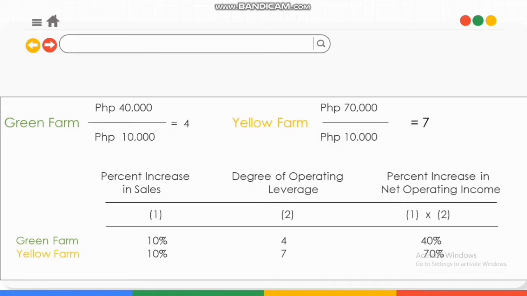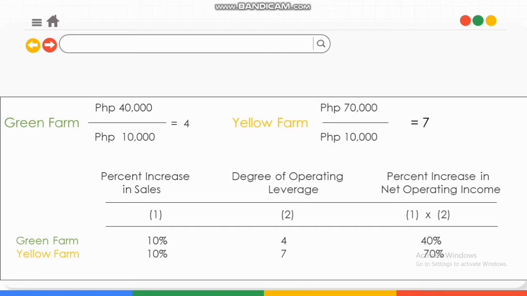So, 40,000 divided sa 10,000 is equals to 4. While dito sa Yellow Farm, ang contribution margin is 70,000 pesos. Ang net operating income is 10,000 pesos. So, 70,000 pesos divided by 10,000 pesos is equals to 7.